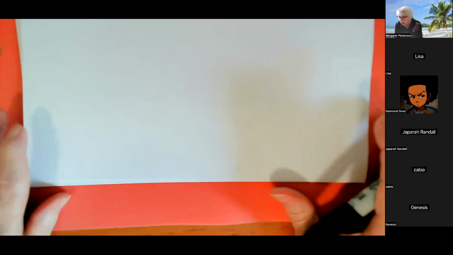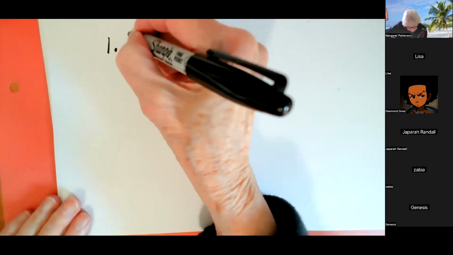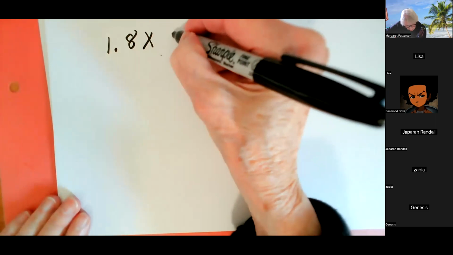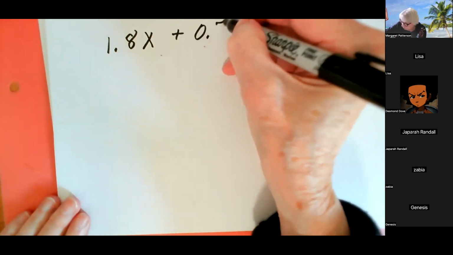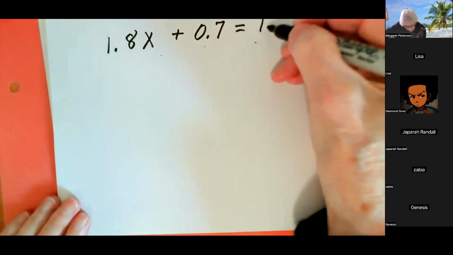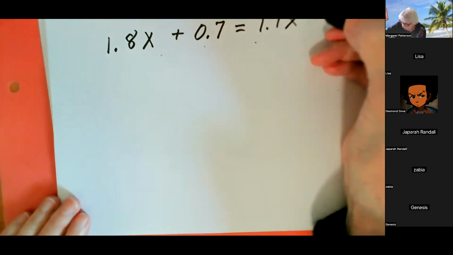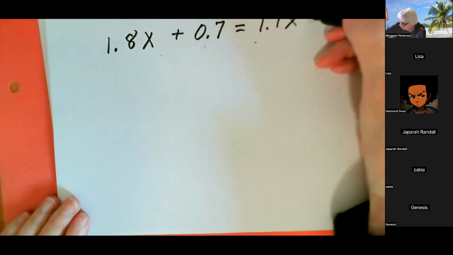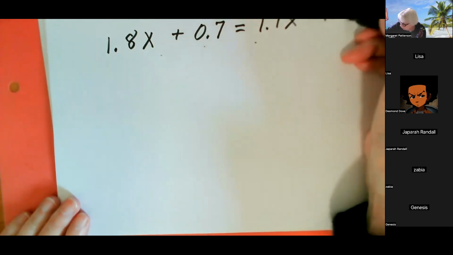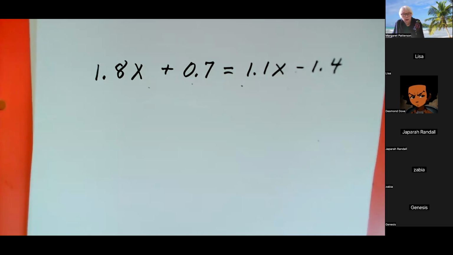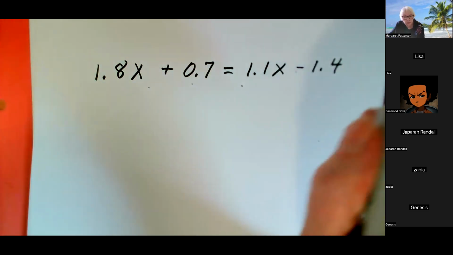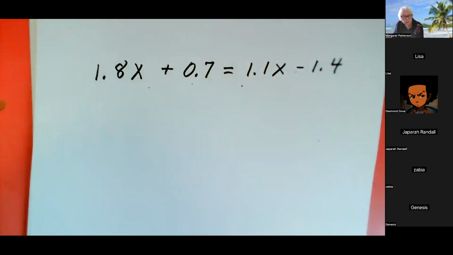All right. I want to do one decimal problem, and I want to show you a trick. Wow, I've got decimals galore, don't I? Decimal, 4 of them. 1, 2, 3, 4.